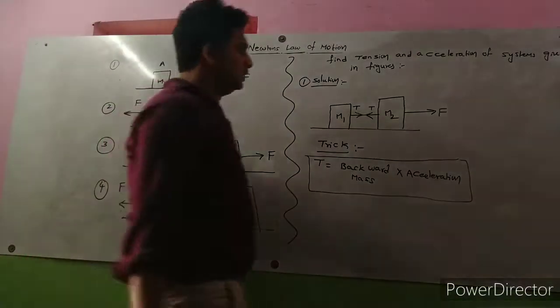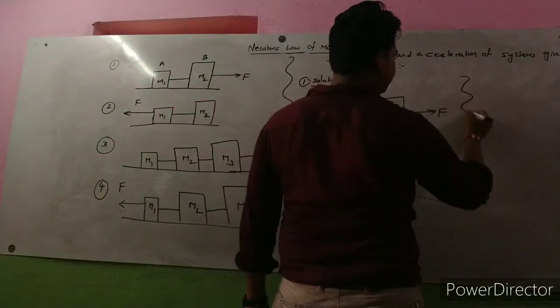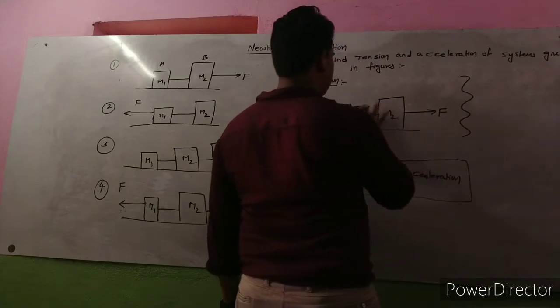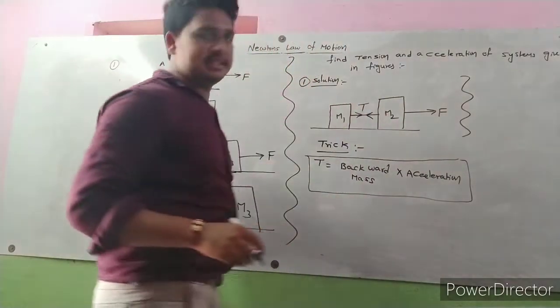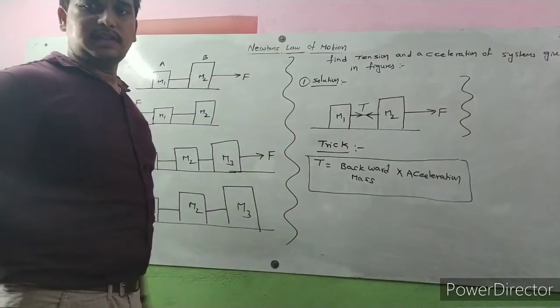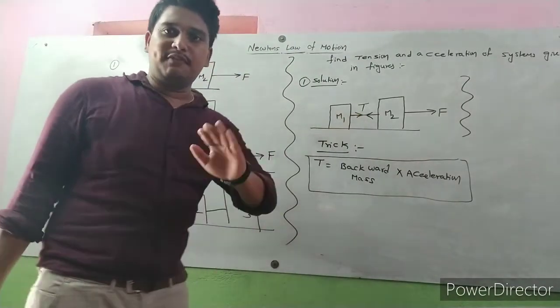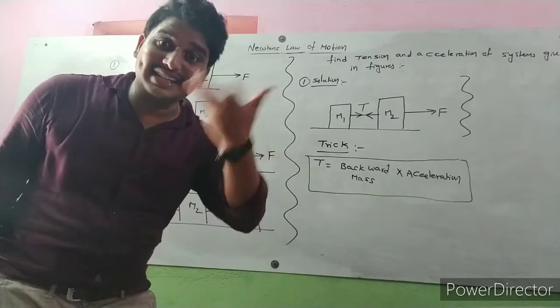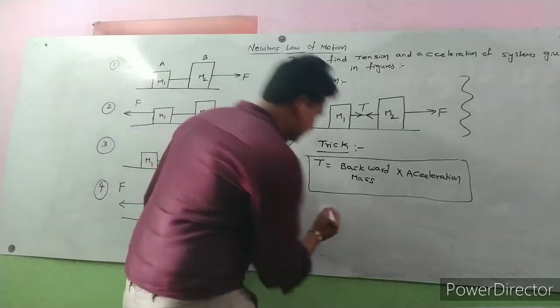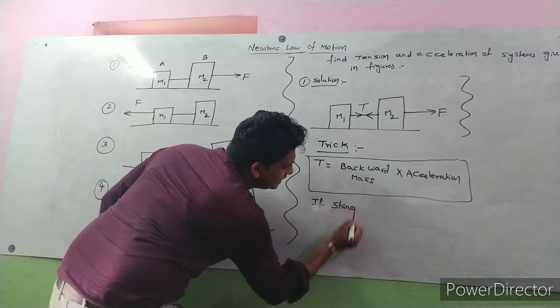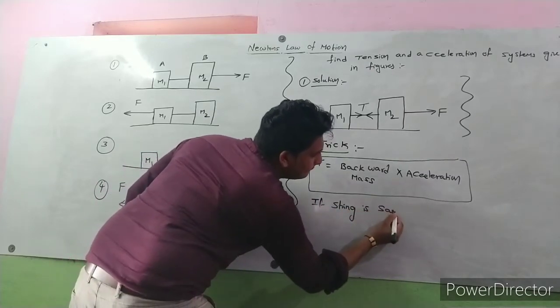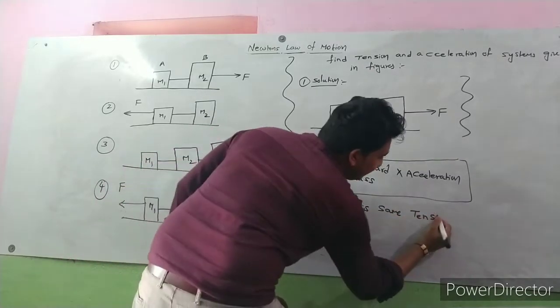Observe carefully. I want the tension T. This T is the tension in the string. So how to find the tension in the string T? Here the string is the same. If the string is different, the tension is different. This is a very important point. String is same, tension is same.